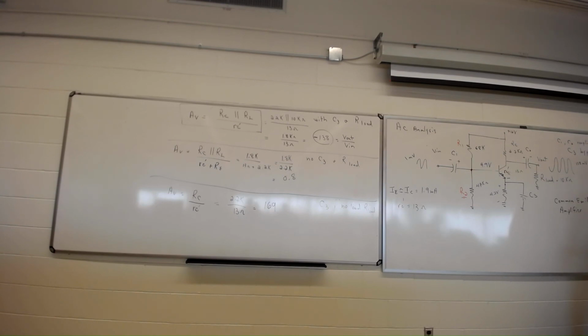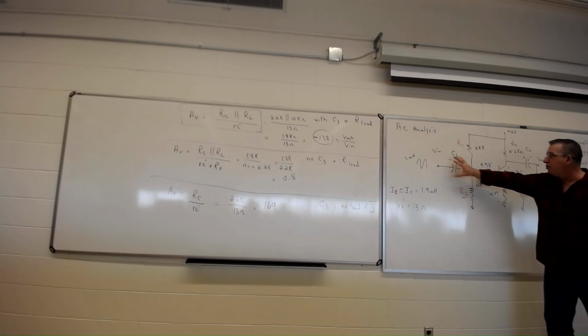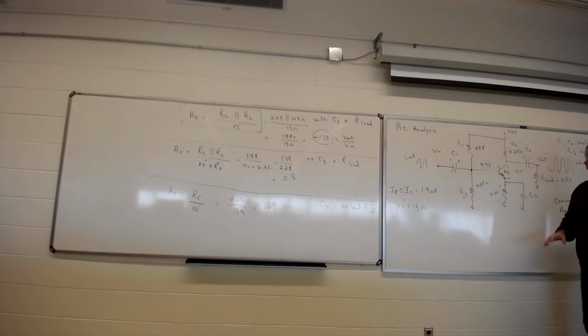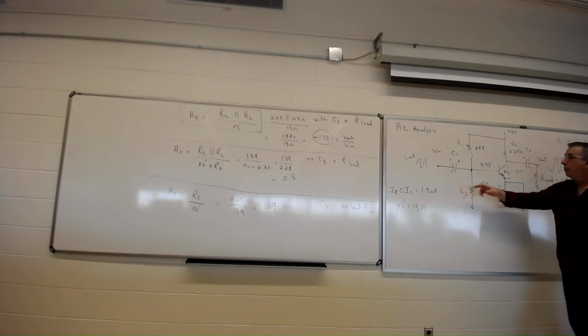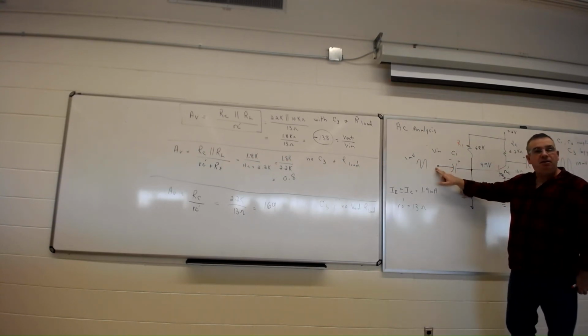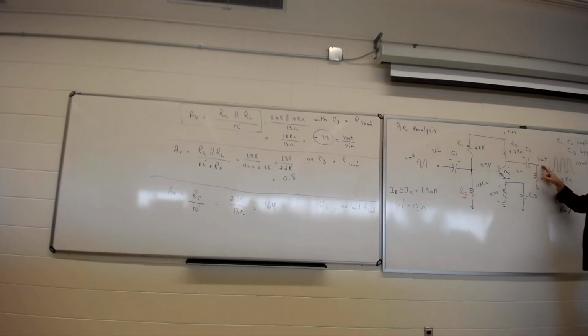All right? So what we'll do tomorrow is when we build a circuit, the first thing we'll do is just build the DC part without the capacitors. So without the capacitors, without the load, we'll verify the DC to see that it comes close to what we calculated. And then we'll put the components on there. We'll apply a signal to the circuit, and we'll put a probe at V in, and a probe at V out, and we'll compare one to the other, and we'll actually see if there's a gain.